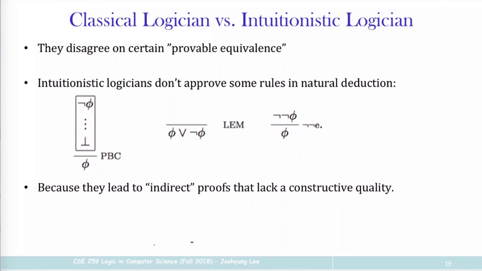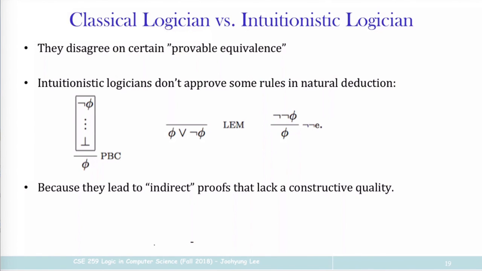Now something I want to emphasize, and here there will be some tricky things that we'll explain next time. There's some disagreement between classical logicians and intuitionistic logicians regarding which formulas are provably equivalent. Some of the rules that you saw, like proof by contradiction, law of excluded middle, and the double negation elimination rule, intuitionistic logicians do not approve as valid deduction rules.